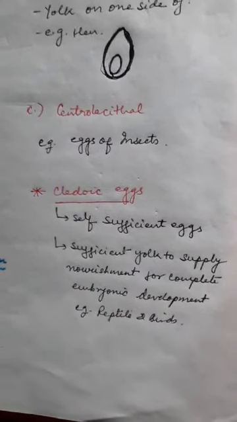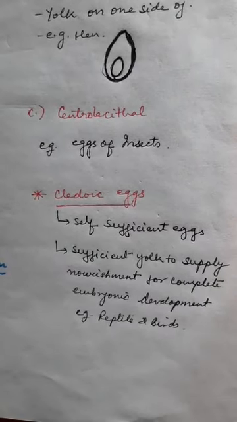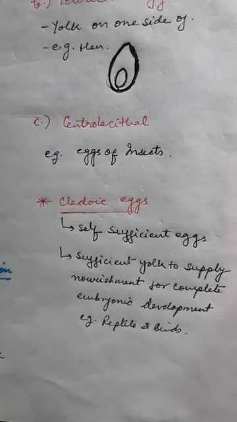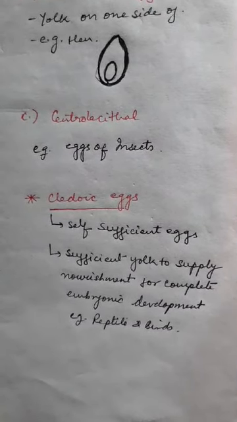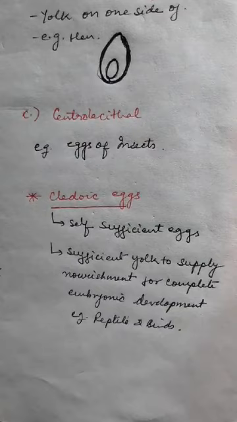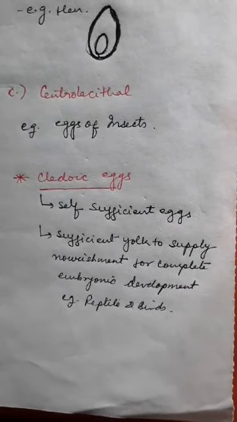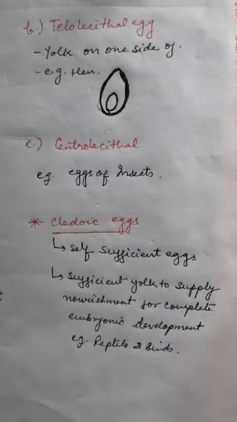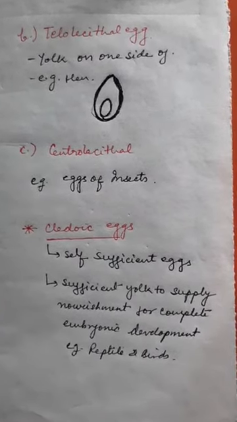So they are polylithial, the yolk content is sufficient and they have a shell around them, that is a protective layer. So this egg is self-sufficient, that means it is going to protect the embryo as well as it is going to supply the complete nourishment till the development is done. And that is why from such eggs, the young ones, when they hatch, they resemble the adults. The only thing is that they are miniature and smaller in size.